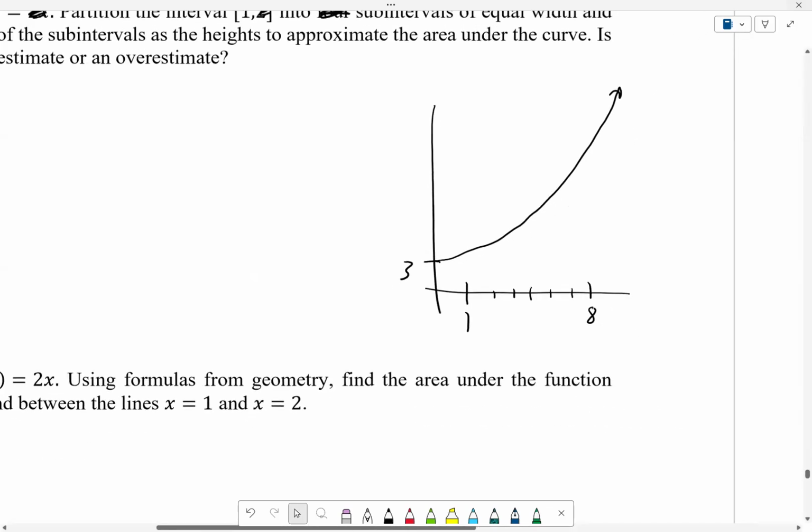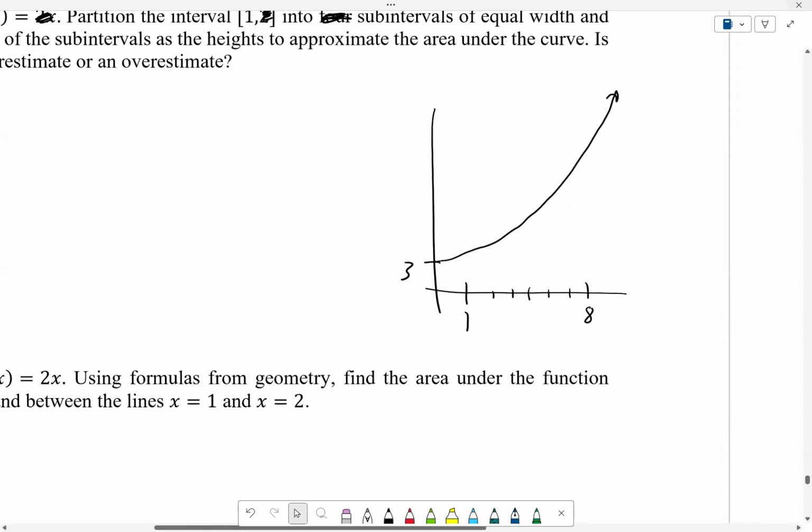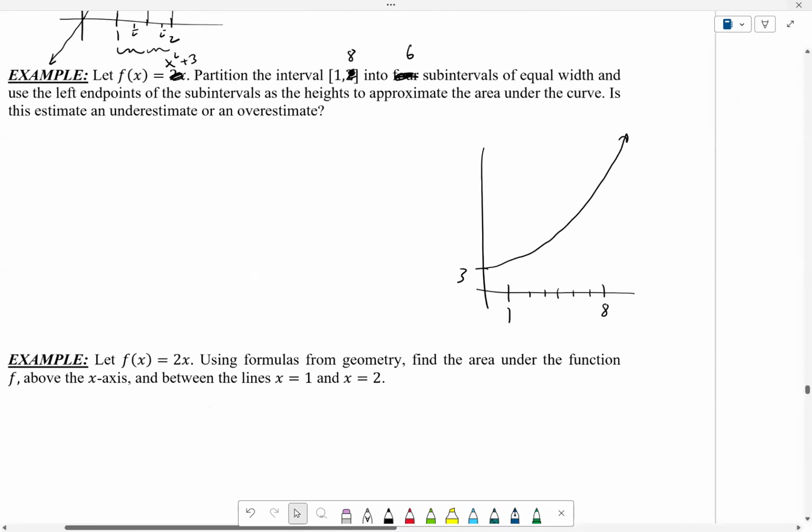Now, if we would have broken this up into 7 subintervals, these would be really pretty, don't you think? 1, 2, 3, 4, 5, 6, 7, 8. But my goal was to make it as gnarly as possible. You write the expression just to find the height of the first 2 rectangles, and we're using left endpoints here.